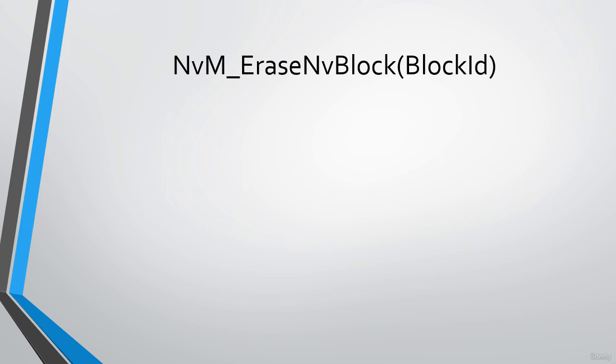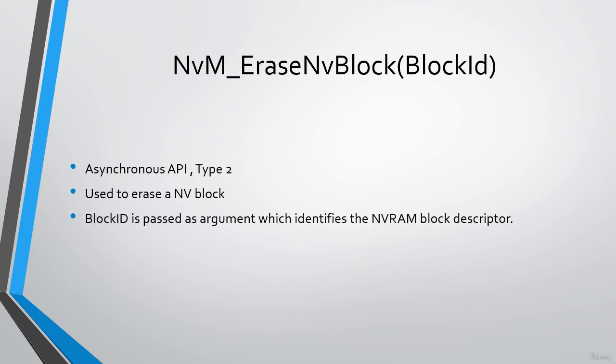The next API is NVM erase NV block, and the parameter is block ID. It's an asynchronous API and it's of type 2. As the name says, it is used to erase an NV block. The argument that is passed, block ID, is what identifies the NVRAM block descriptor.